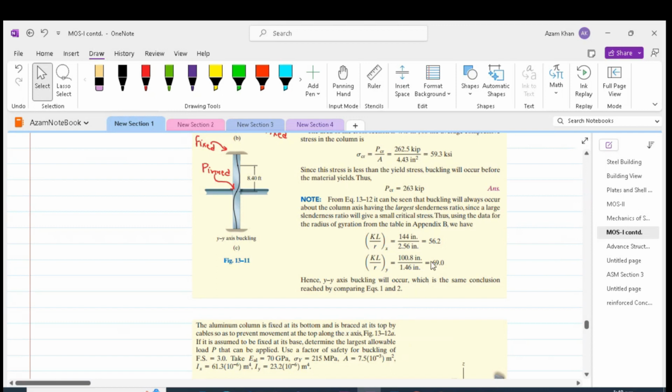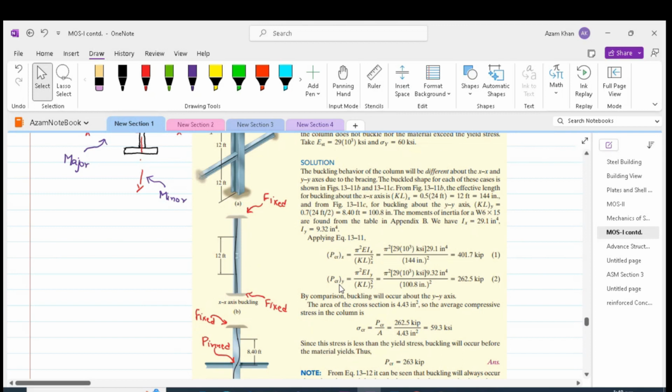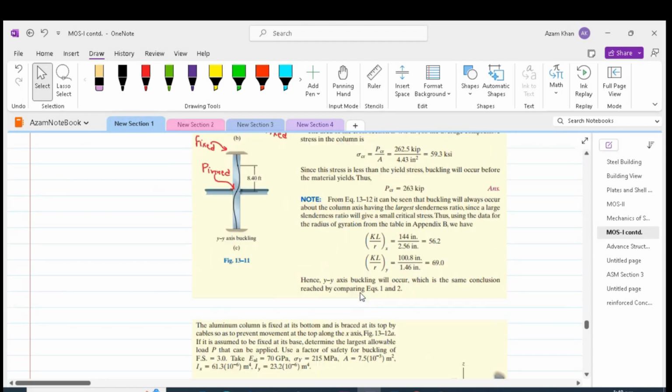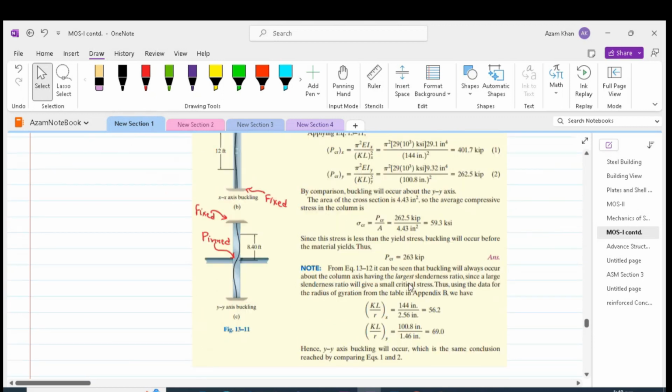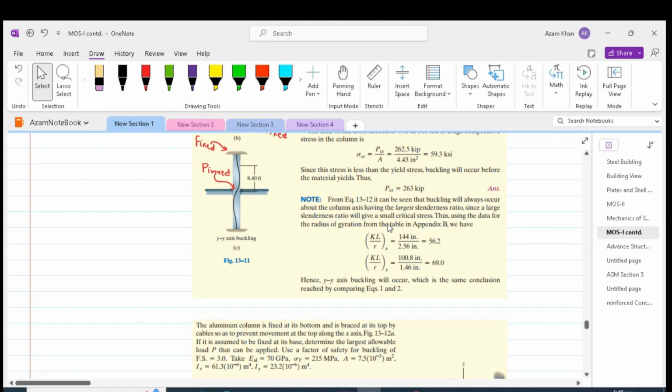So hence, it's up to us whether we want to work out the critical load from the slenderness ratio or we work out from the applied load. Now, in this example, reference is given to Appendix B, where based on the slenderness ratio, we can find out the critical load.